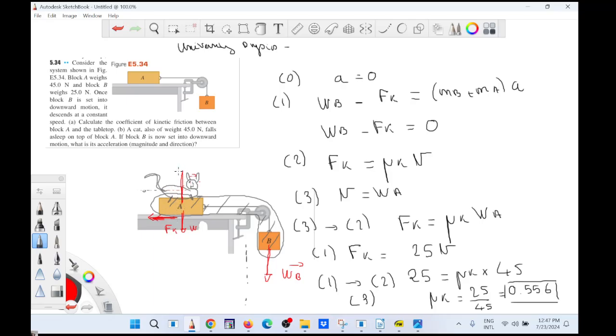Of course it's going to increase the weight, and so it's going to increase the normal force. So it's going to increase the frictional force, right? Because you are pushing more onto it and it was moving.